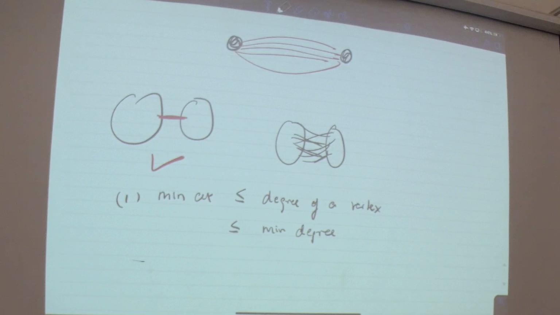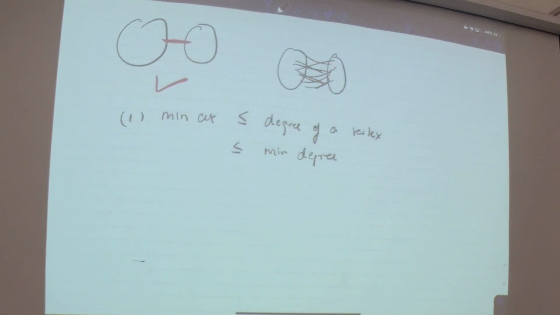Okay, that's all well and good. But all we have at our disposal is an understanding of how many edges there are in the graph. How can I relate the min degree of a vertex to the number of edges in the graph? Well, here's what we do know. It's a basic fact about graphs.